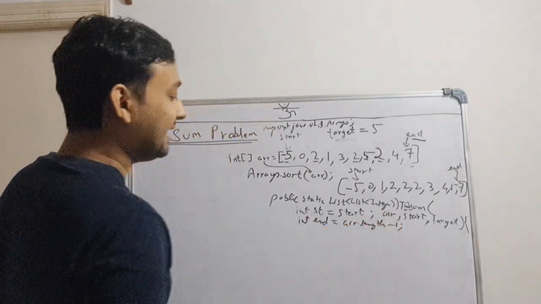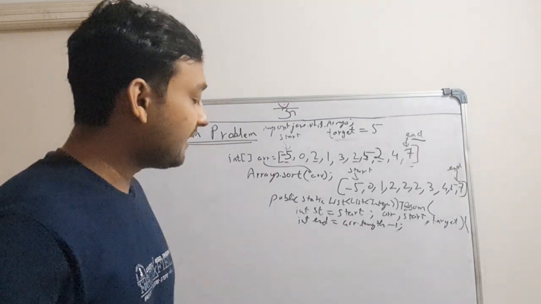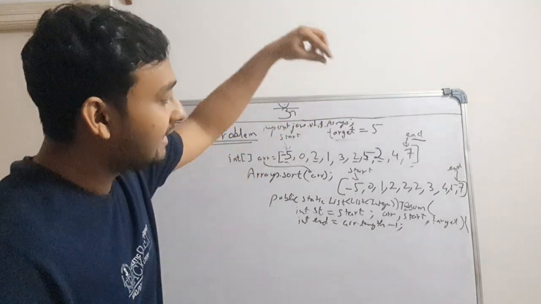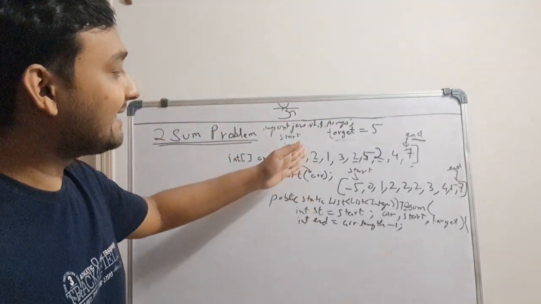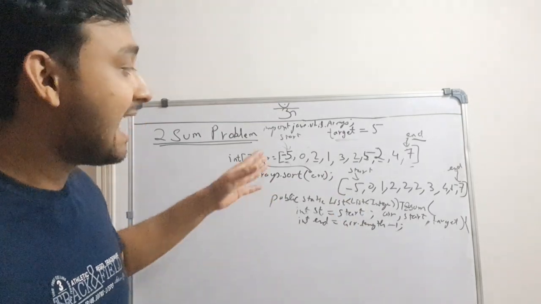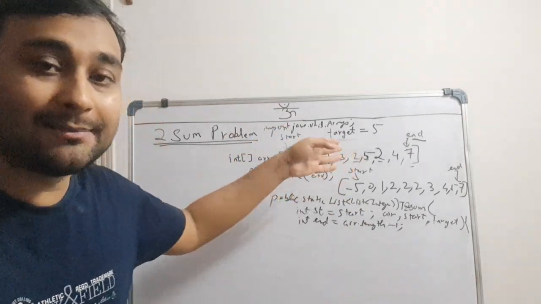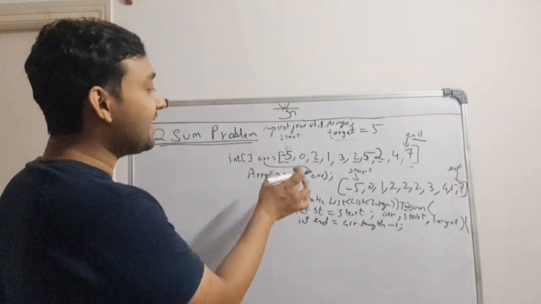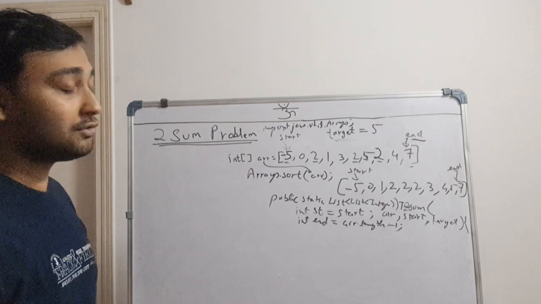Okay, so these two we have taken. Then what we have to do? We have to run this loop until st is equal to end. Before that only we have to go, and as soon as start becomes equal to end position, then we have to come out of that loop. Okay, so my main funda is how it is working internally, that I have to show you first.